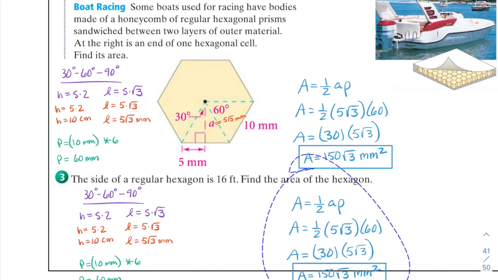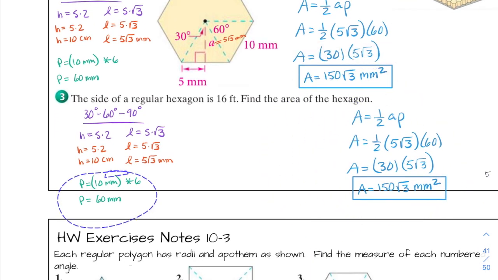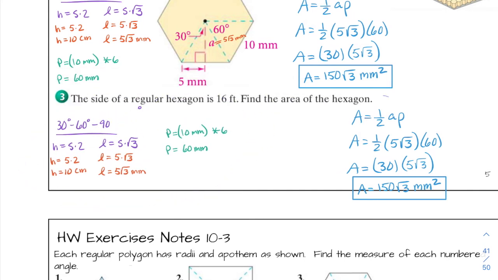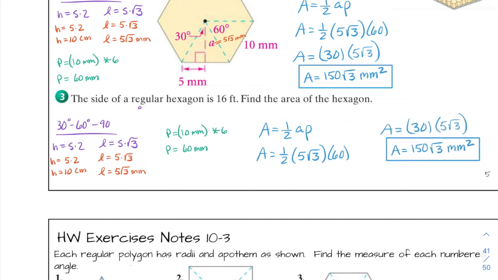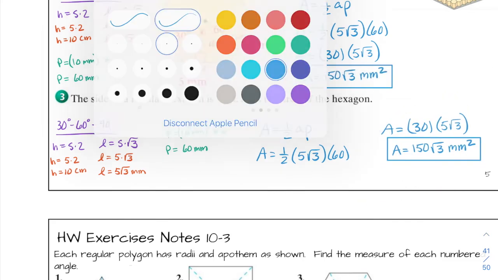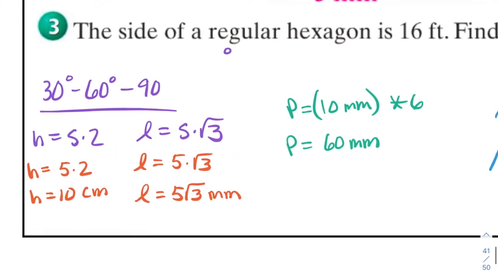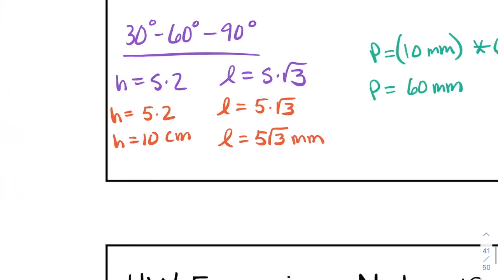And I hope this doesn't confuse you, but I'm going to change the numbers for it. But right now, all of these things can pretty much stay the same other than the numbers. So instead of 5, it has a side that's 16. So I'm going to get rid of 5 and make that 16.